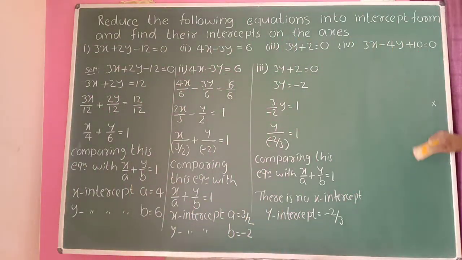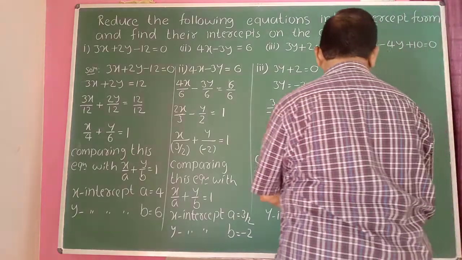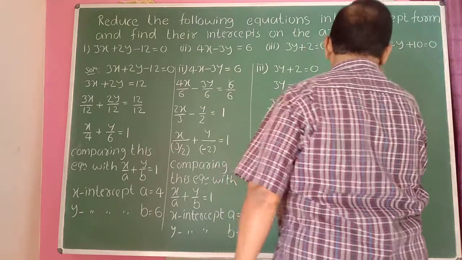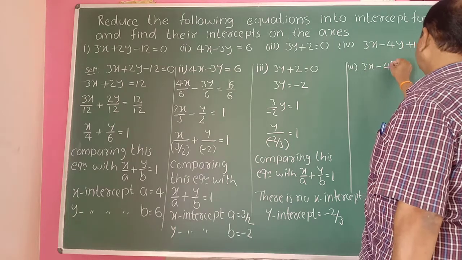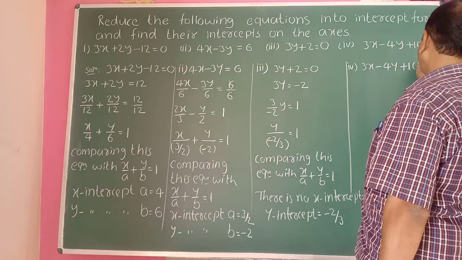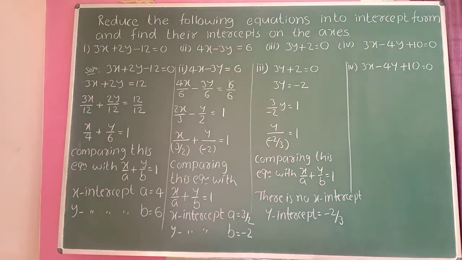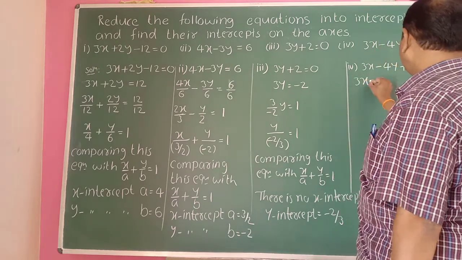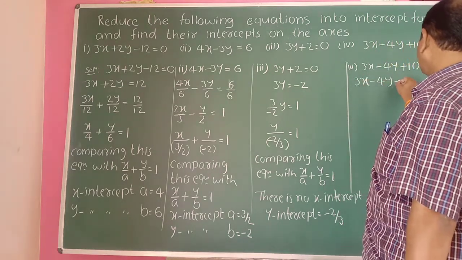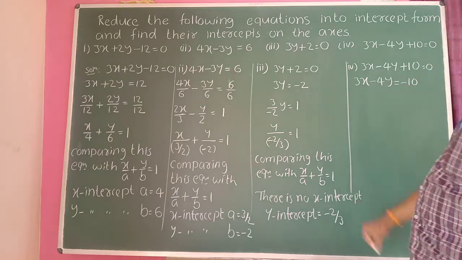Similarly, in the fourth example, 3x minus 4y plus 10 is equal to 0. Then take 10 to the right hand side. So 3x minus 4y is equal to minus 10.